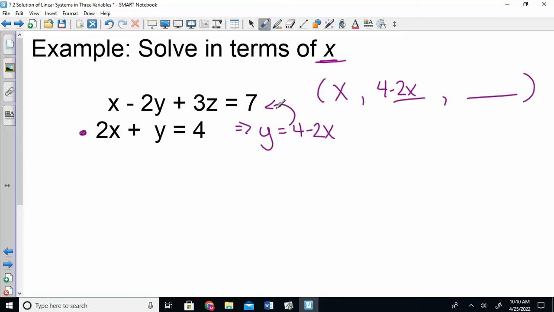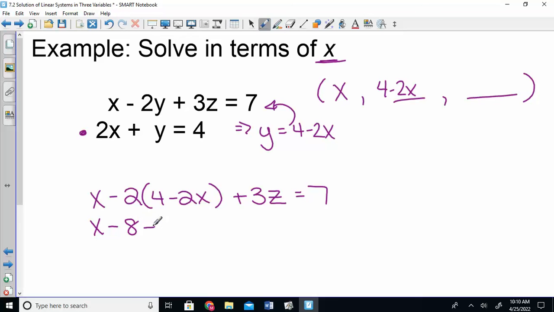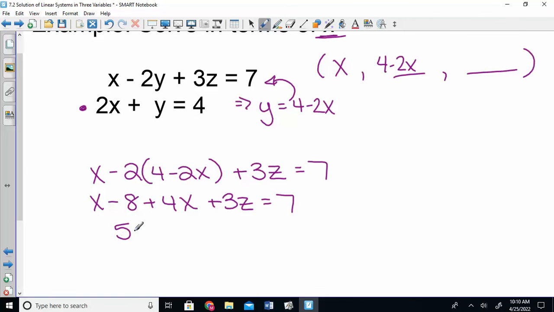So what I'm going to do is substitute this into the first equation. So we have x minus 2, my y is 4 minus 2x. So distribute my negative 2. So we get 5x minus 8 plus 3z equals 7. I'm trying to solve for my z.